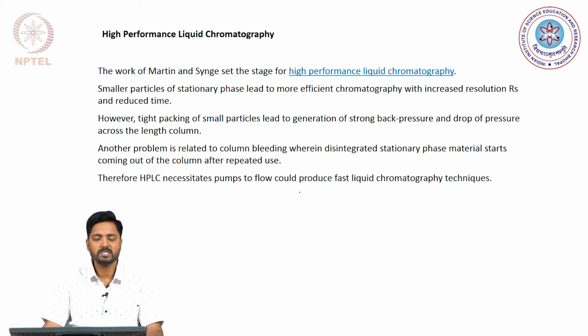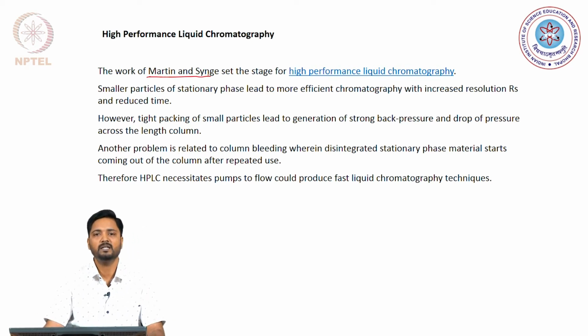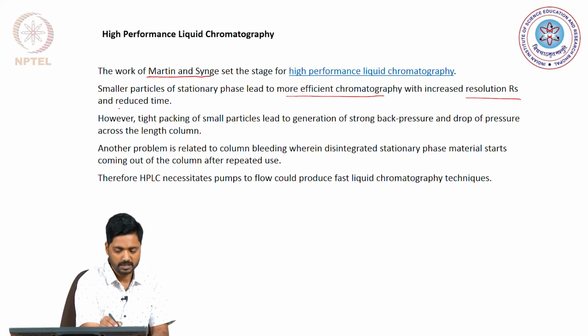As has already been indicated in the previous lecture, the work of Martin and Synge is considered important in developing high performance liquid chromatography, and we already mentioned that in improving the performance of a liquid chromatography process, we require smaller particles for the stationary phase, because these small particles lead to more efficient chromatographic separations, and as a result the resolution of the peak separations is improved while the elution times are reduced.